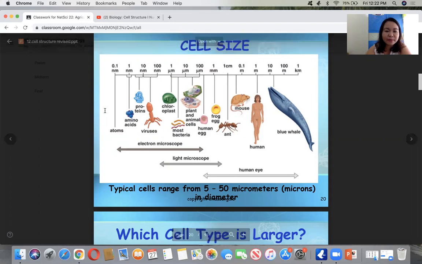Starting from the atom, it's 0.1 nanometer, and the size becomes bigger as it goes to amino acids, proteins, viruses, and chloroplasts. These are shown, which can only be seen in an electron microscope, like most bacteria, plant and animal cells, and human egg cells.